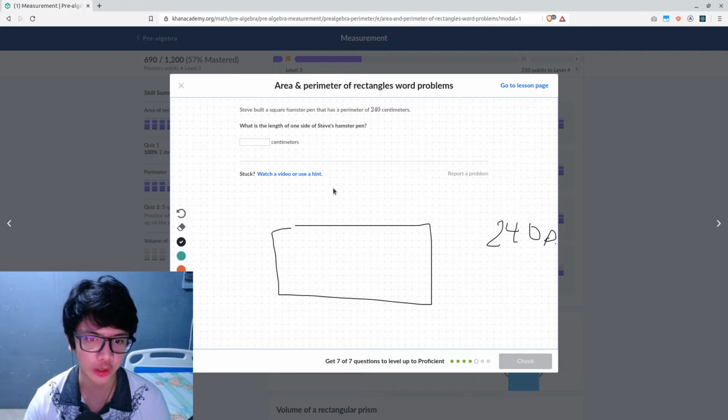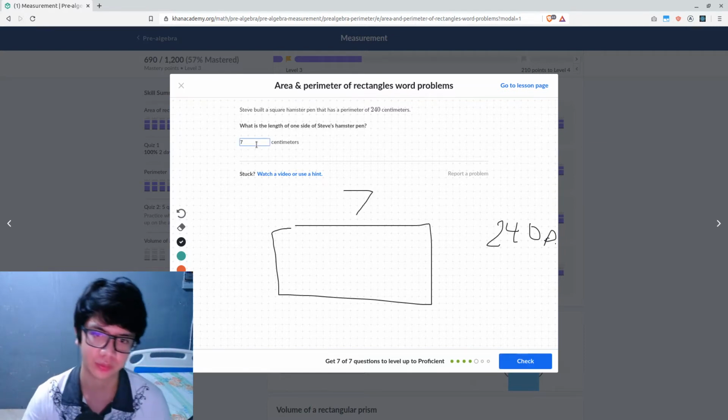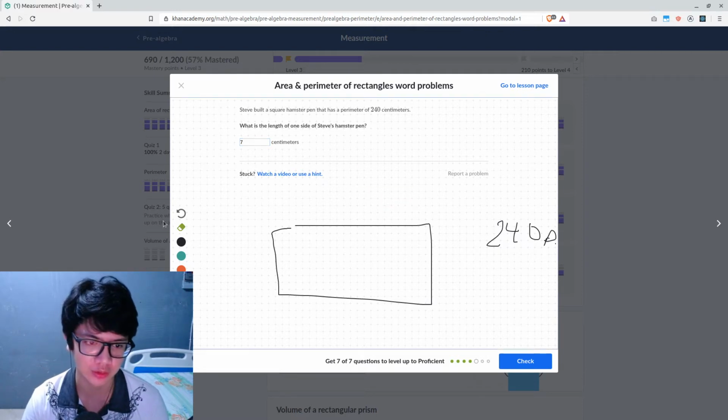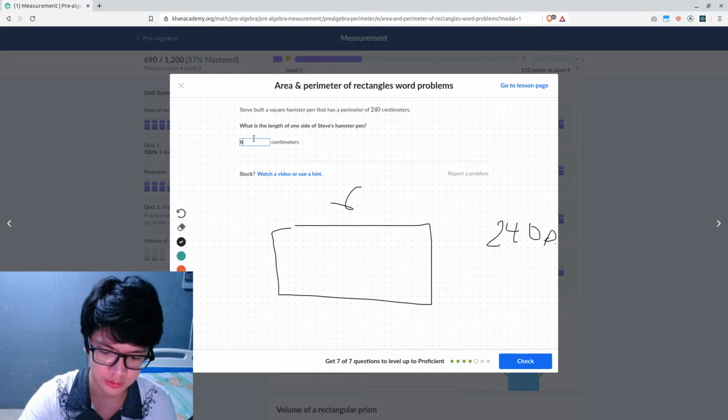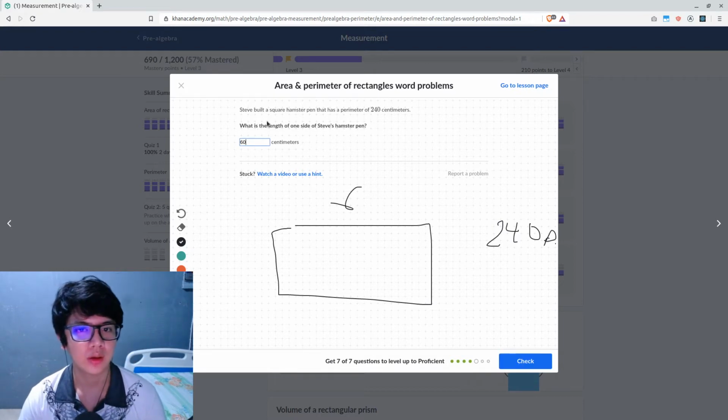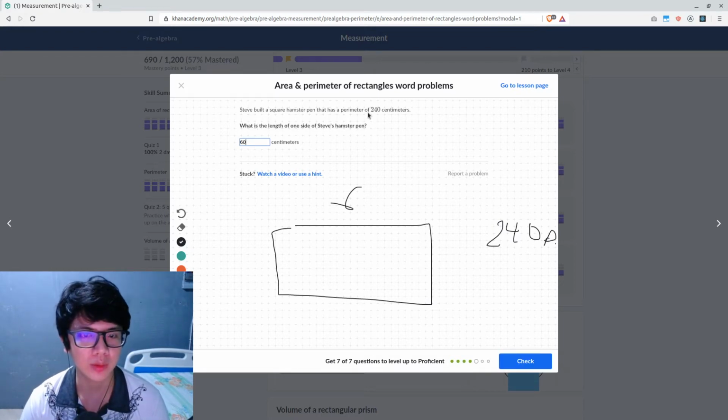Oh, a square. It's gonna be like 7. No, not 7. It should be 60, right? Perimeter of the square, 240.